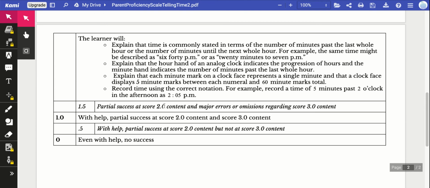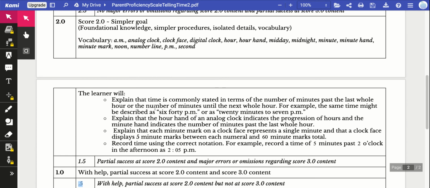Now, in this proficiency scale, they do have 0.5s. They have a 0, which is even with help, they just don't get it. And then a 0.5 is maybe they started at a 0 and now they've grown a little bit, so you can let them see growth at a 0.5, but they're not a 1.0 even, because they can't really do anything yet, okay? And then a 1.5 to show growth.